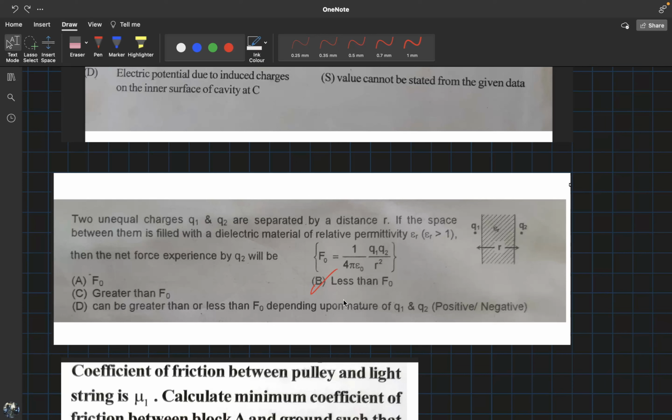So referring to the density in the area bereft of dielectric, the density of the lines in the area which is bereft of dielectric linking with any of the two charges will, in presence of dielectric, increase.